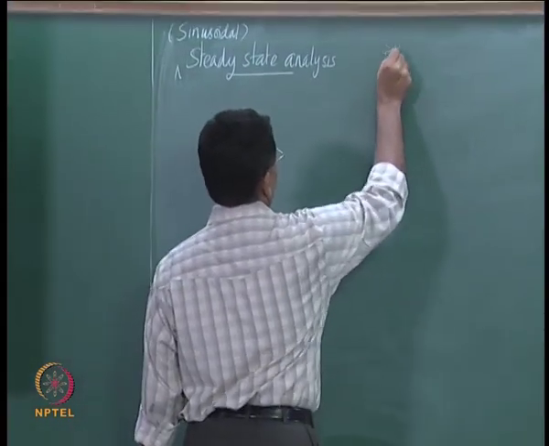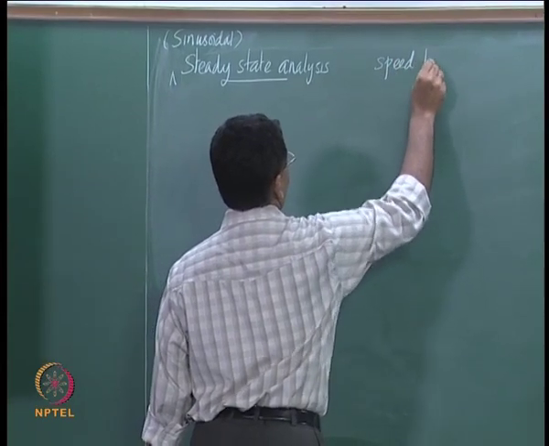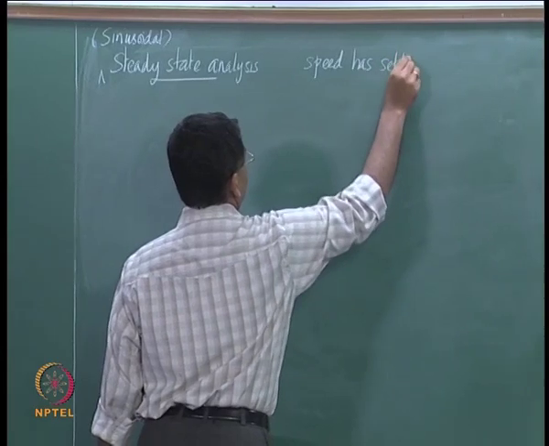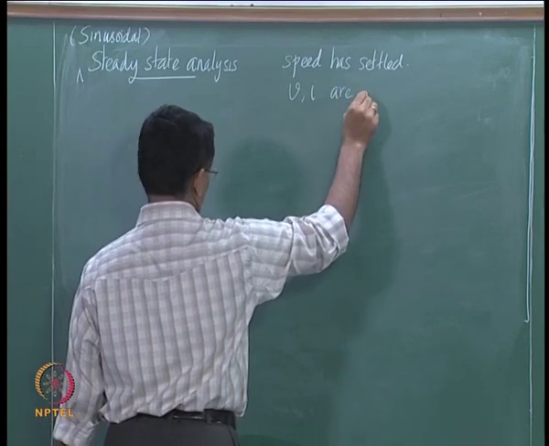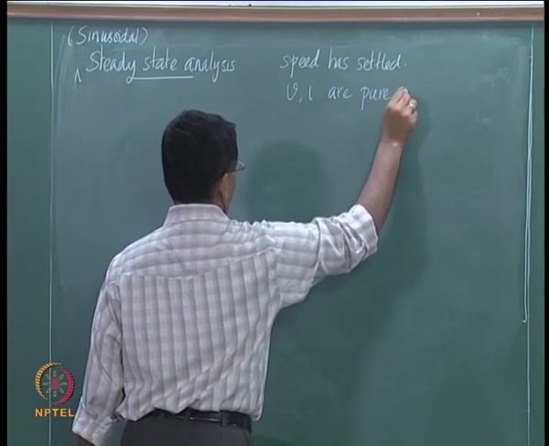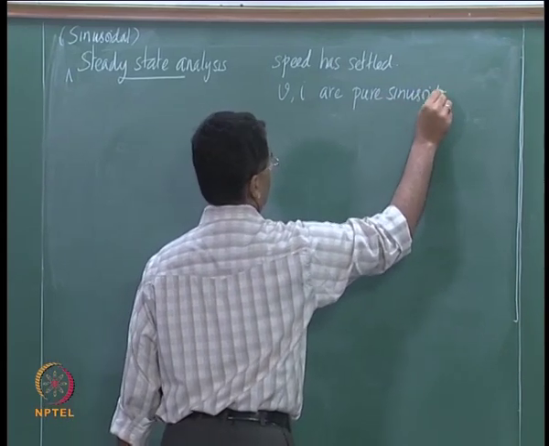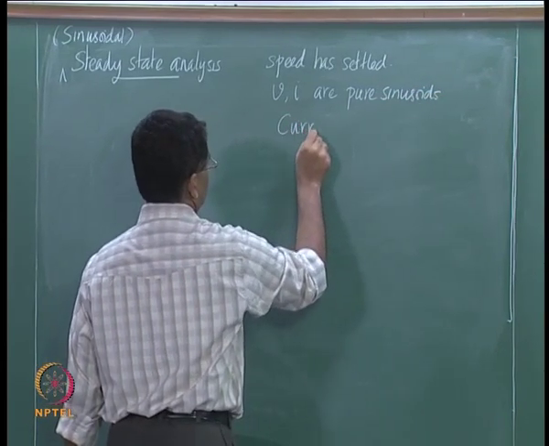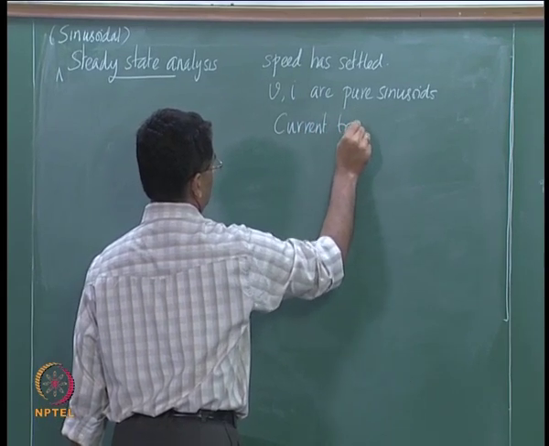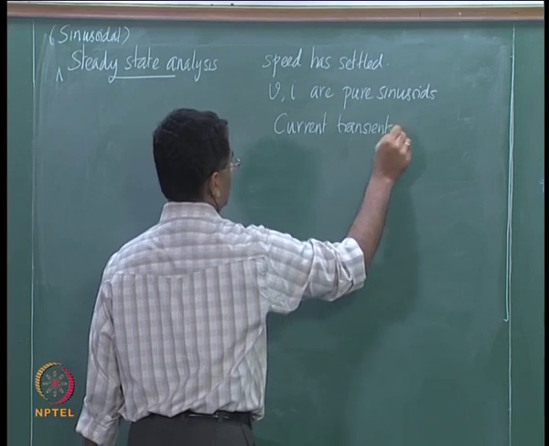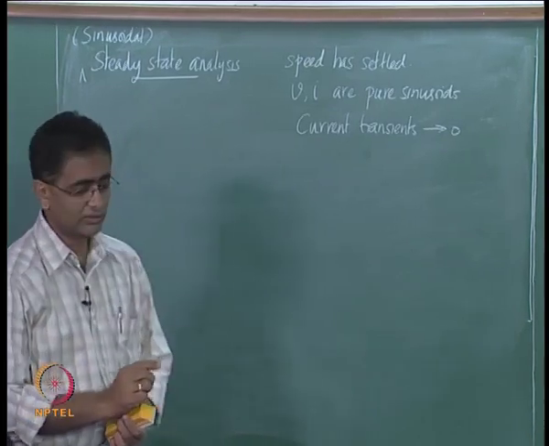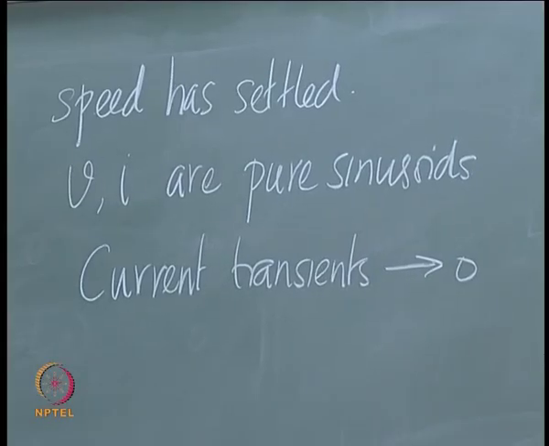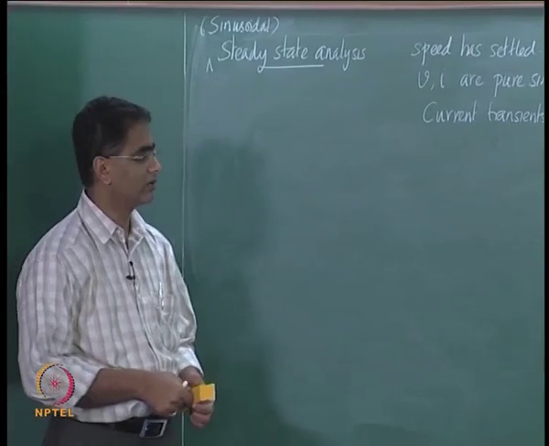So this means that speed has settled down, both voltages and currents are pure sinusoids, current transients have settled down, have gone to 0, no disturbances. So everything is a nice sinusoid that is there. So let us look at the induction machine equation.